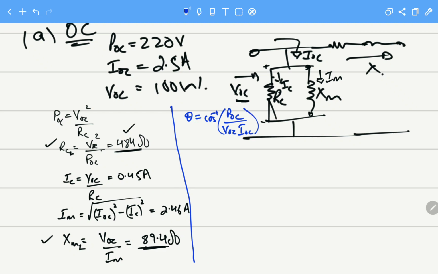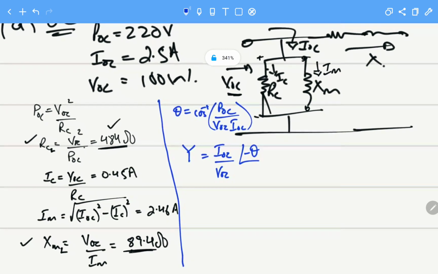And once you have the theta, you can calculate the admittance, IOC over VOC at an angle of minus theta. By using this method, you will get the value of Y, and through Y, you can calculate the values.